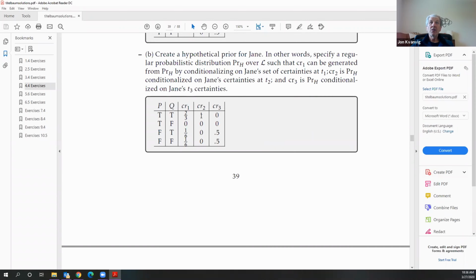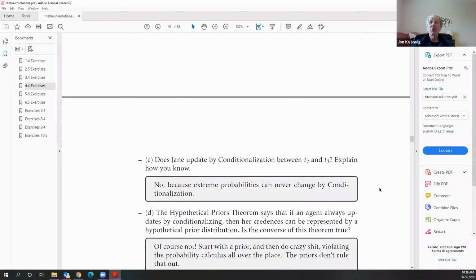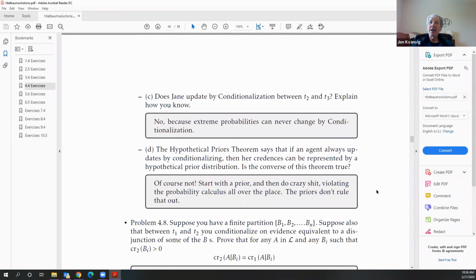So you can't go from being certain of either P or P and Q at the second time and then losing that certainty at a later time. And furthermore, if you have a credence of 0, it can't ever get moved off of that extreme value either. So extreme probabilities can never change by conditionalization, and our chart requires that.